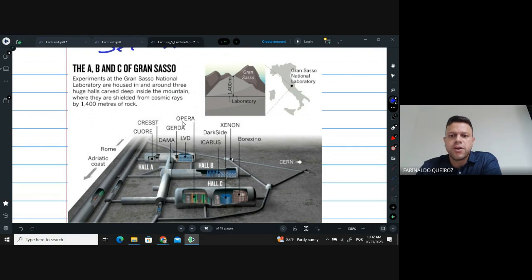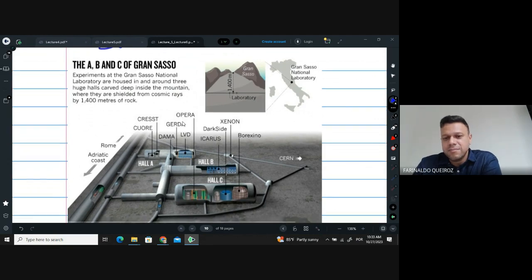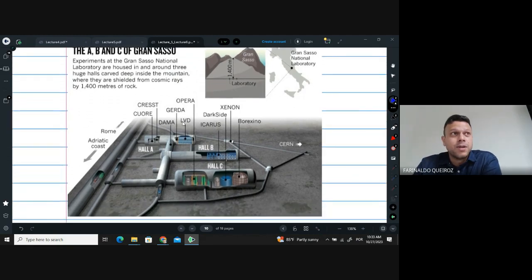OPERA was a very old detector which apparently proved at that time that neutrinos would travel faster than light. And then they made a mistake in the calculation and so on. The project was tanked. So you made a mistake. You claimed that neutrinos have a velocity faster than light, and then it was just a mistake when it came out.